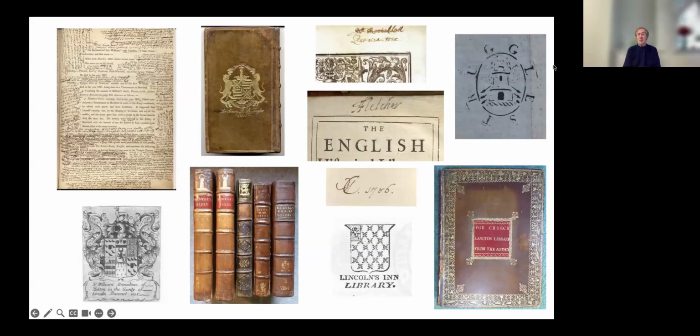We've got ESTC, if and when we can ever access it again at the British Library. We've got ISTC, we've got USTC, we've got a whole host of bibliographical tools that create a sort of research infrastructure, a bedrock that, as I say, we now take for granted and you can build a lot of work on.